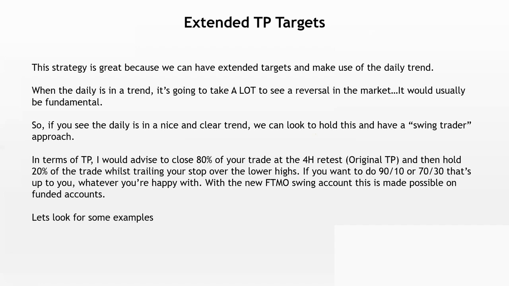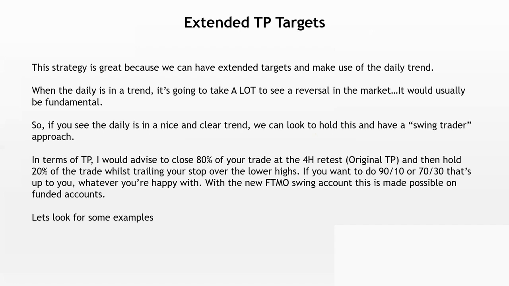Then what I would do is leave the remaining 20%. So let's say you get in a trade for, easy maths, 10 lots. Once price reaches your 4-hour retest high or low, you are going to close 80% of the position. So you're going to close 8 lots, and you are going to then keep 20%, so 2 lots, running with a stop loss at break even.